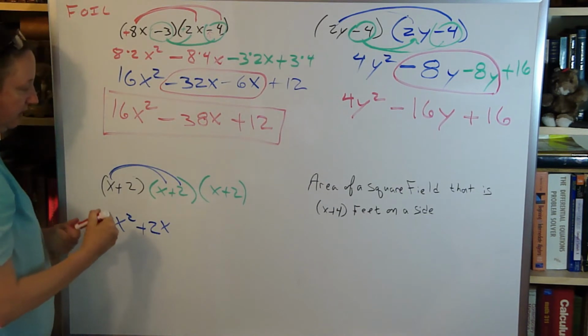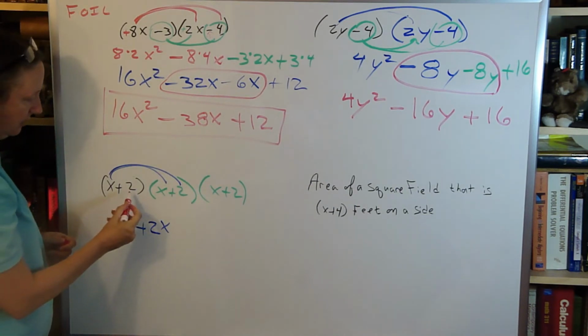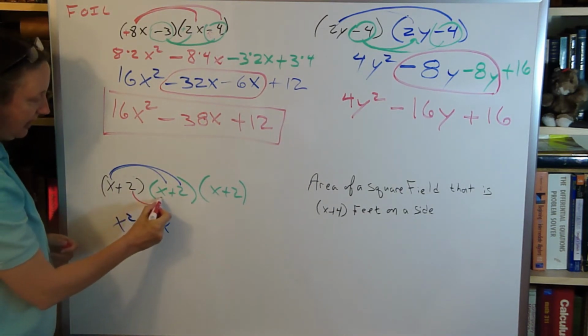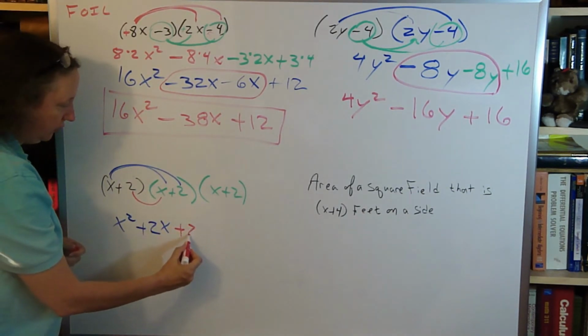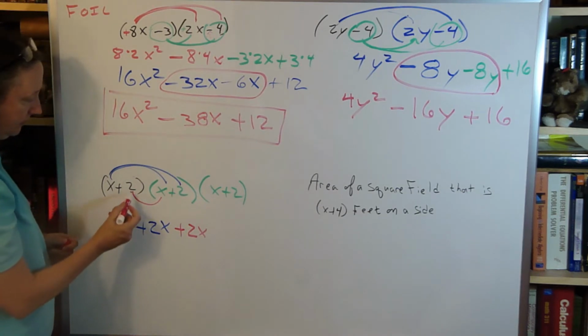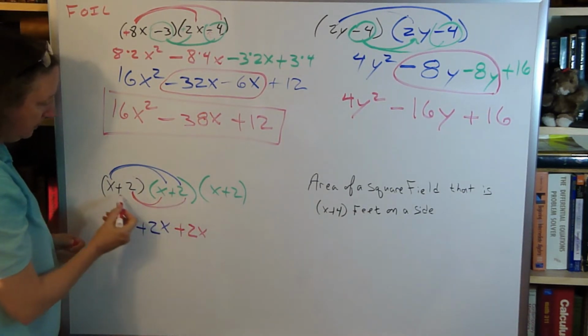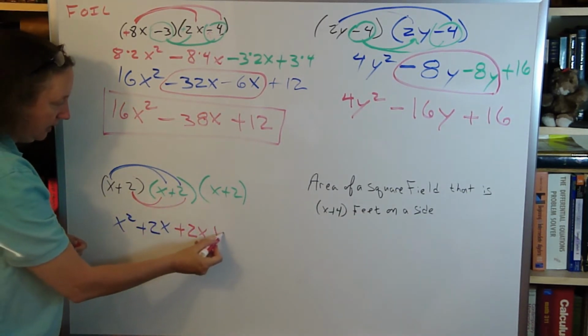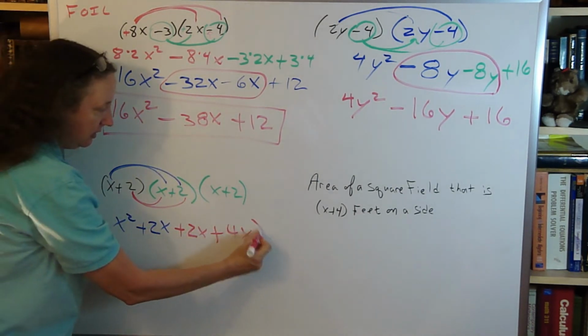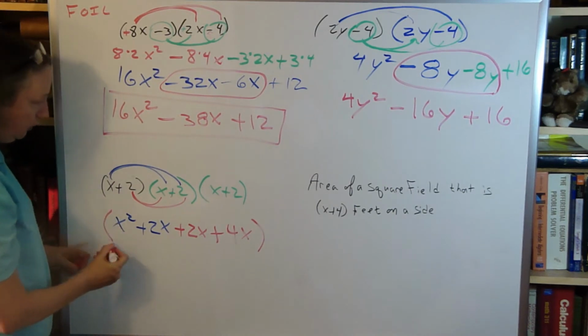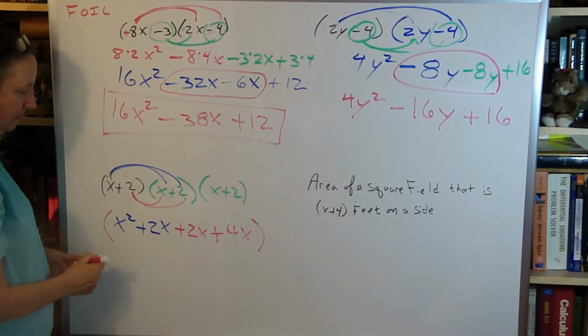Switch colors so you can see what's going on next. 2 times x, both positive, so plus 2x. 2 times 2, both are positive, so plus 4. And that's that first two sets of parentheses.